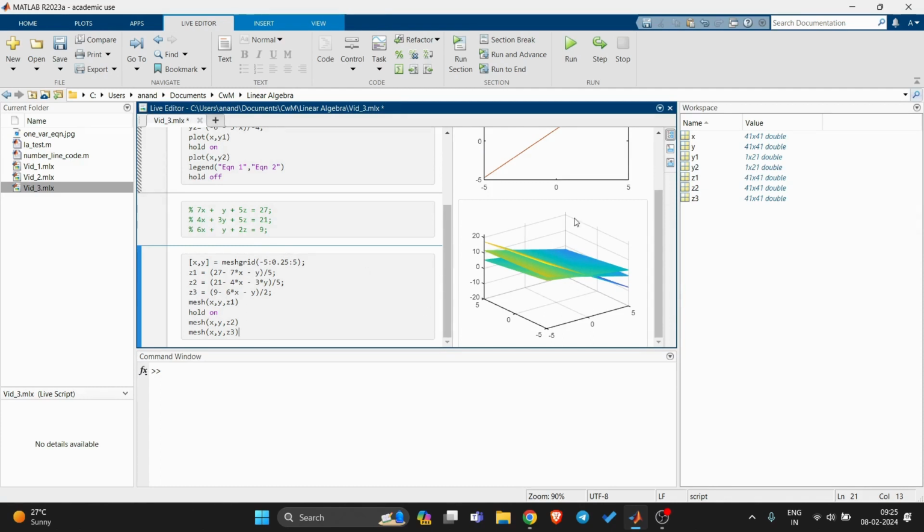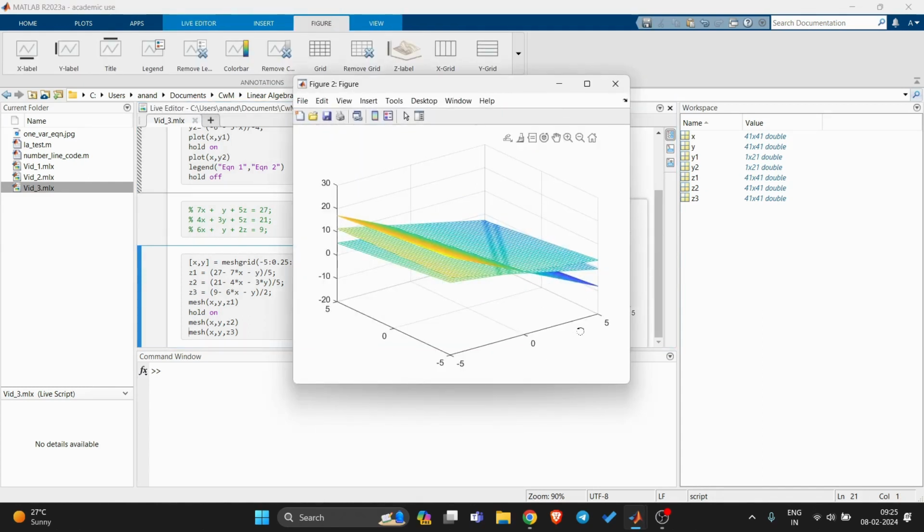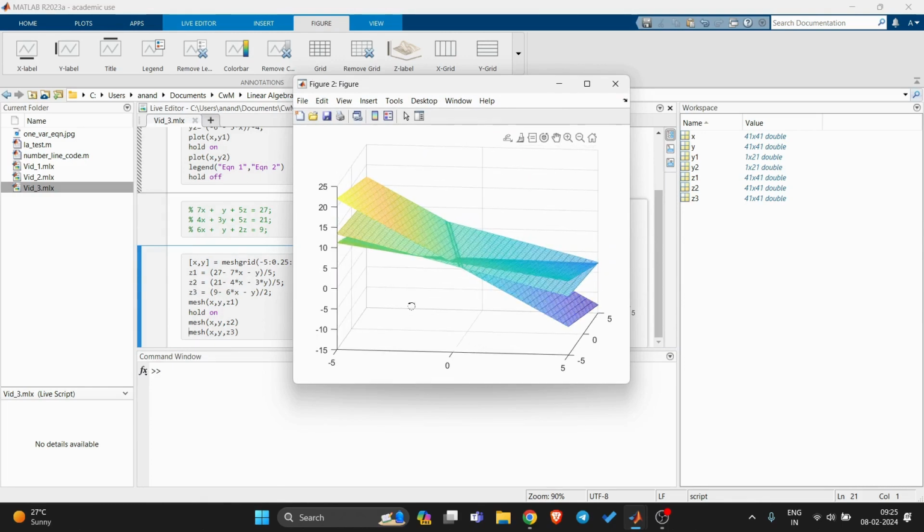So this is how a system would look graphically, and there's one point at which all these three planes intersect. The point at which they intersect is this point over here, which is 0, minus 3, 6.